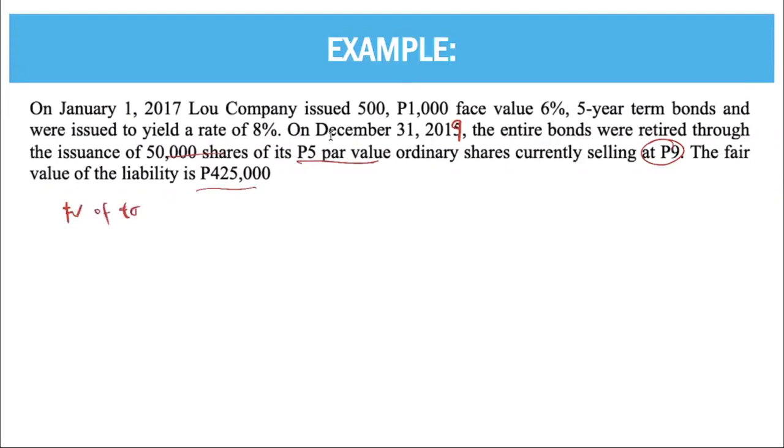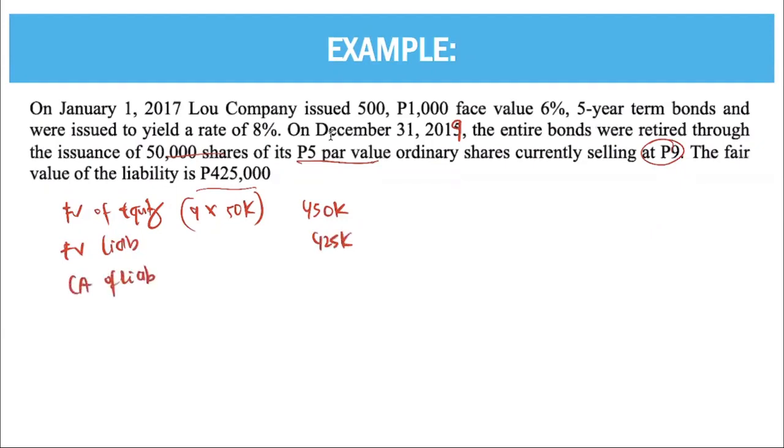Fair value of equity. What is the fair value of equity? It is 9 pesos per share, so 50,000 times 9 pesos per share, we have 450,000. Next is the fair value of liability, 425,000, and the carrying amount of liability.